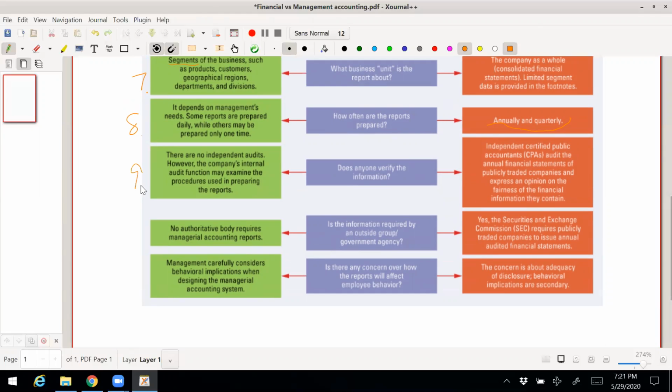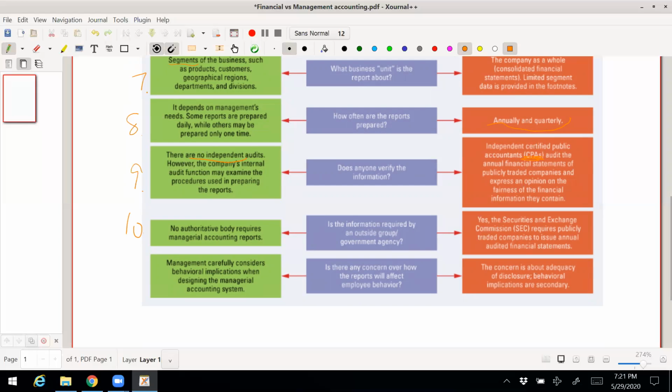Next one: is it verified by anyone? For financial accounting, we definitely have the CPA. Remember we said the auditor, the CPA, has to verify it. For internal managerial accounting, it's not required. As I said, if you make your study plan, you can let your parents verify it, but it's not required. Next one: is the information required by outside government?